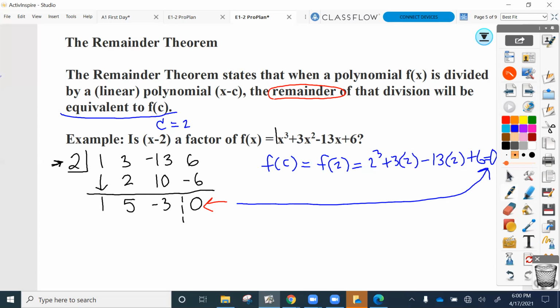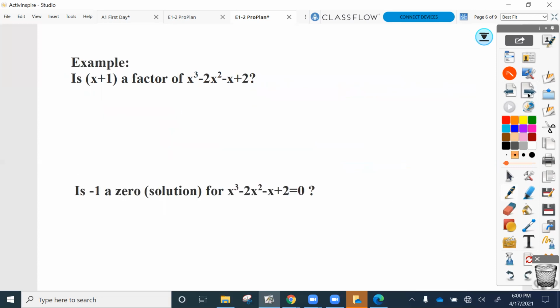Okay, so the factor theorem and the remainder theorem help you answer a couple of questions. Let me give you some examples. So is x plus 1 a factor of this function? Well, we know that if f of c equals 0, then yes.